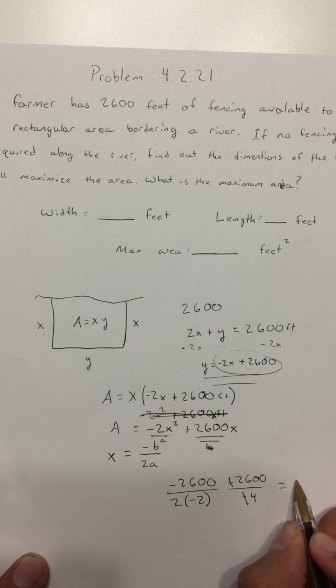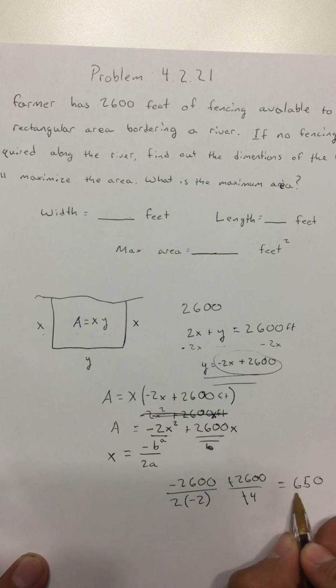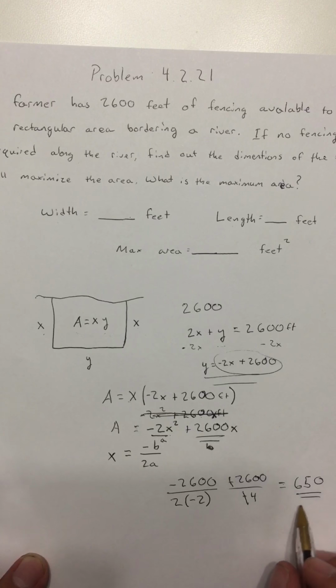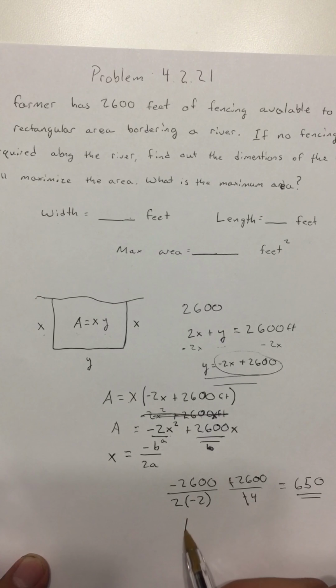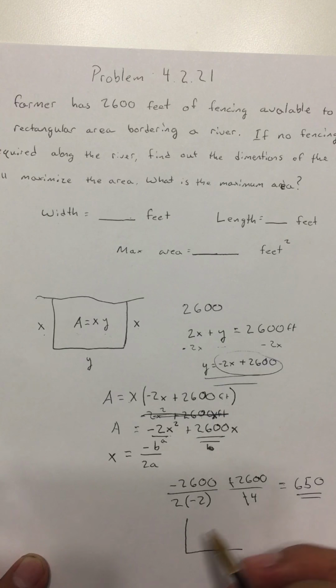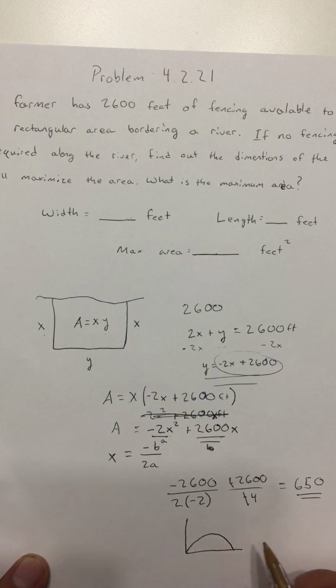650. So if you want to look at it in terms of a graph, we have this graph here, and it looks something like this, and our vertex is right here.